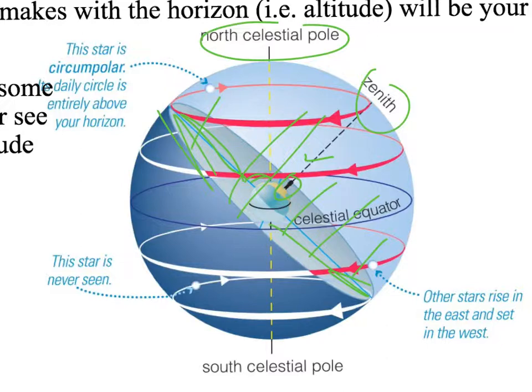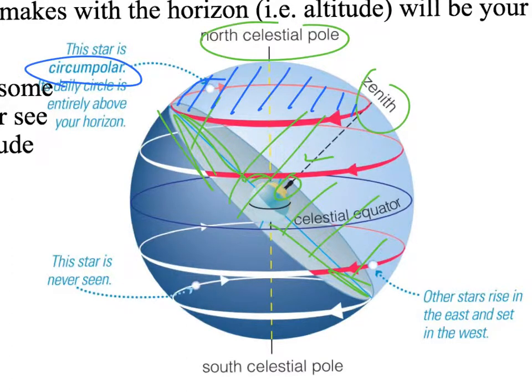Okay, circumpolar stars. Do you see where some stars, and this is where I need to focus on this part of the figure, these stars right up here, are what we call circumpolar stars.